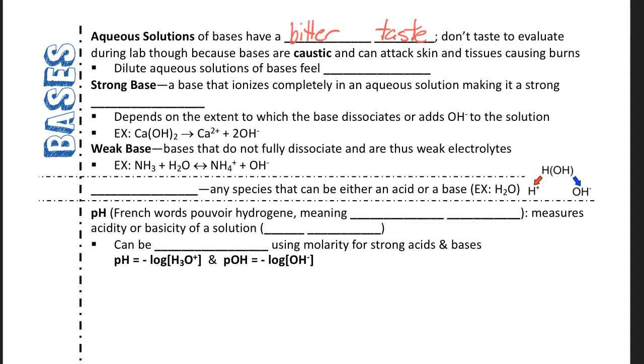Dilute aqueous solutions of bases feel slippery. So again, think of something that you probably use every day: soap. Soap has a slippery feel. It is basic. It has a basic pH. A strong base, again, will ionize completely, also making it a strong electrolyte.